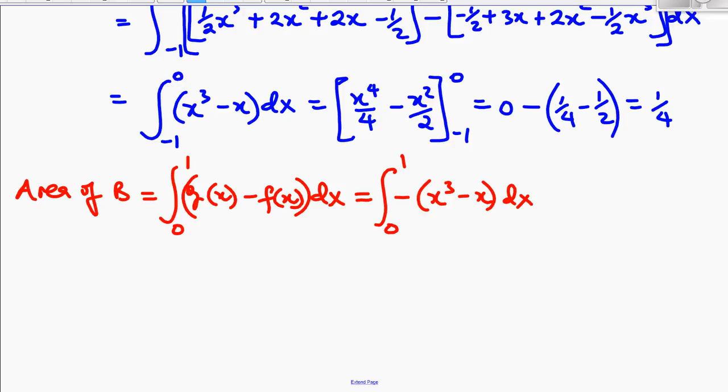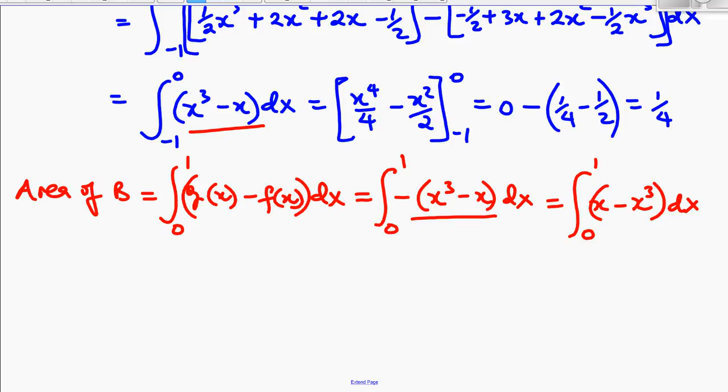What I've done here is, this is f of x minus g of x, but here what we have is g of x minus f of x. So that's just the same thing but reversed. That's why I have a negative. And this will be equal to the integral from 0 to 1 of x minus x cubed dx.